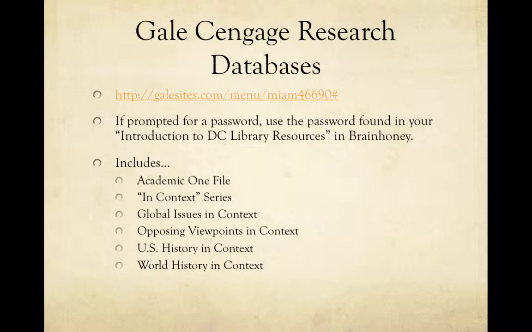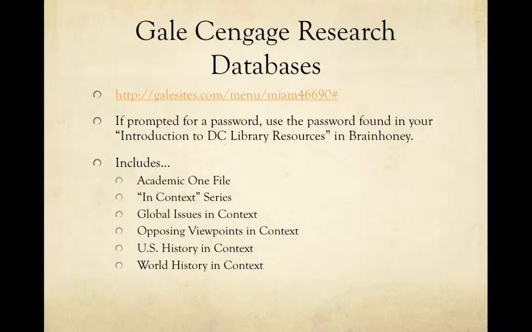You also have the In Context series, which are sort of curated Wikipedia pages as well as brief but in-depth looks at particular issues, including global issues, and opposing viewpoints, if you're interested in looking at hot-button debates and researching two sides to a potentially controversial issue. And if you're interested in U.S. history or world history, you have in-depth looks at different global historical contexts.